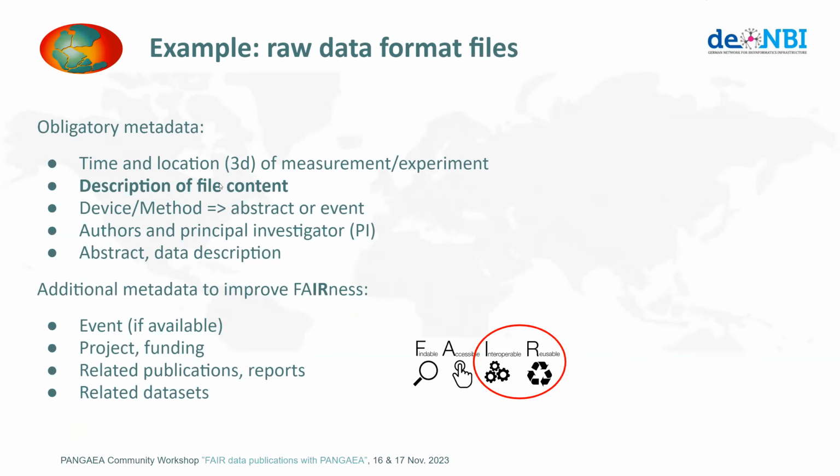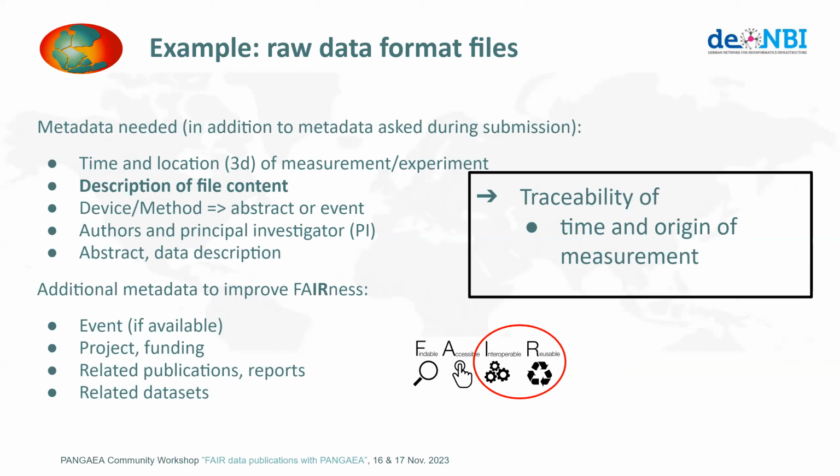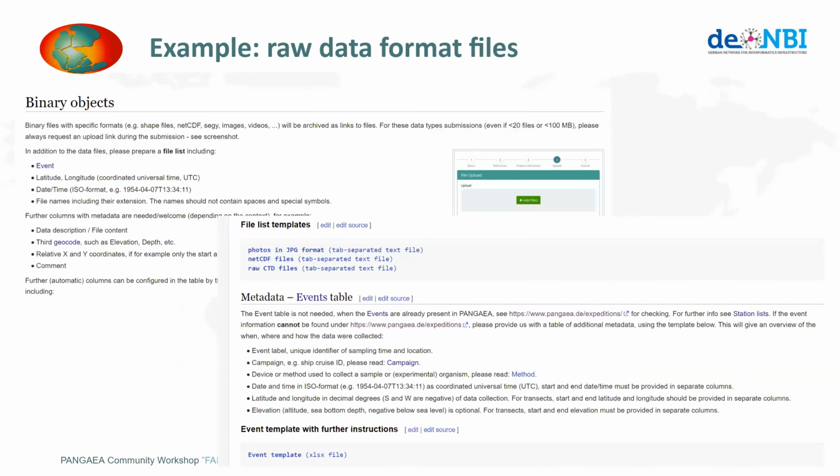So if you have raw data format, then we need an additional description of the file content. And again, this is to ensure the traceability of the time and the origin of the measurement. So you can use the same templates, or there's especially a template for, in this case, raw CDD files, but it works with any other files.